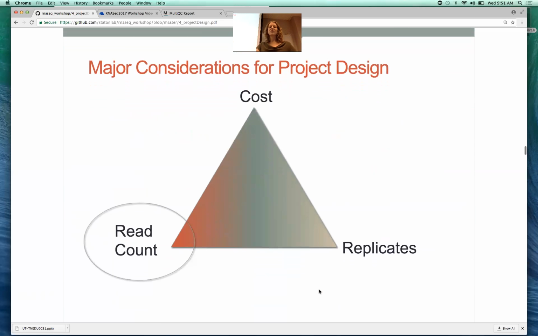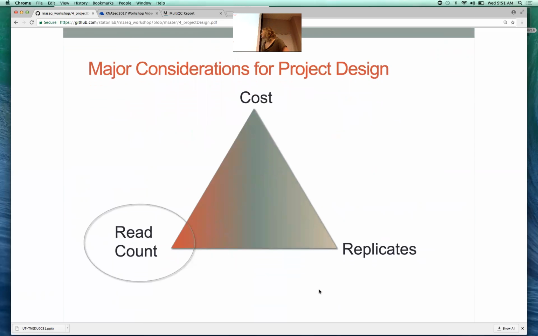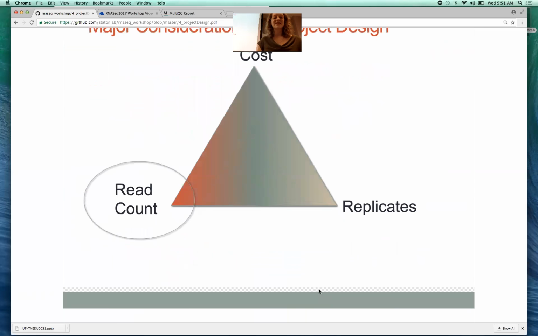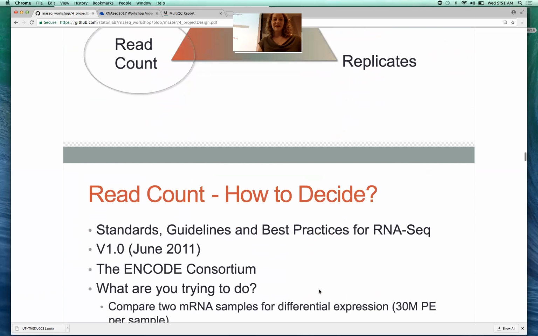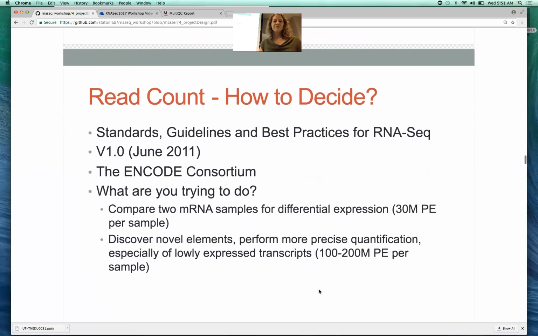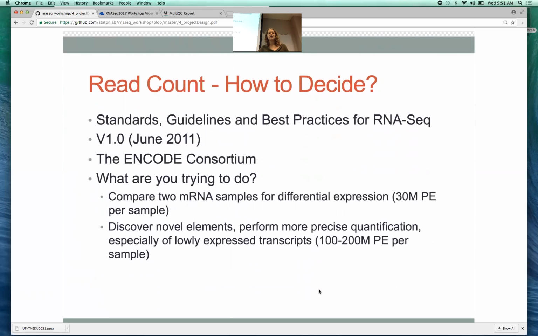Okay, so I've sold you completely on replicates now, right? But you have to balance that with read count, and there are some considerations with depth. The ENCODE Consortium, which was a big human sequencing NIH initiative, also did a lot of model organism sequencing, such as the mouse data. They came out with recommendations based on a lot of statistical analyses.